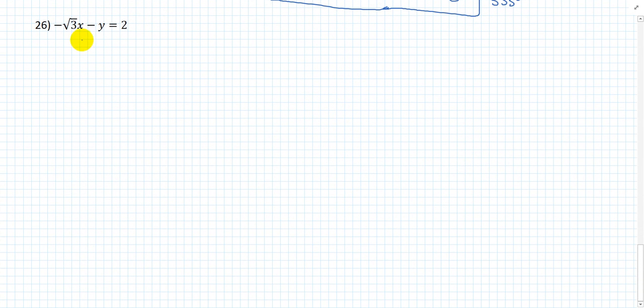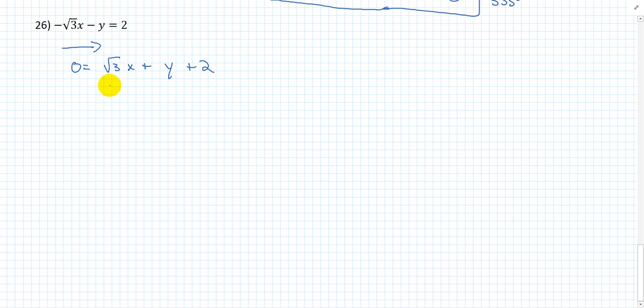Here I have root 3x minus y over 2. Well, no, I'm going to move these over to the right side, and so I'll get 0 equals root 3x plus y plus 2. You can do that because if I kept it over on the left, what would happen is when I divide, it changes the signs on everything.